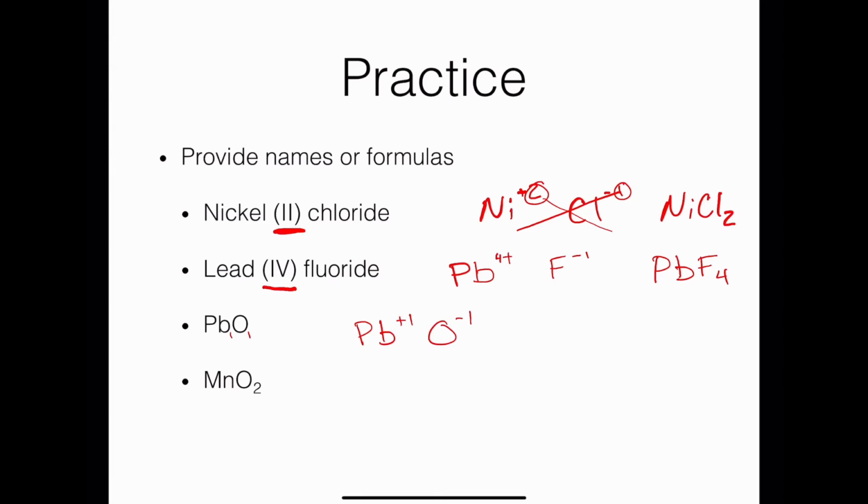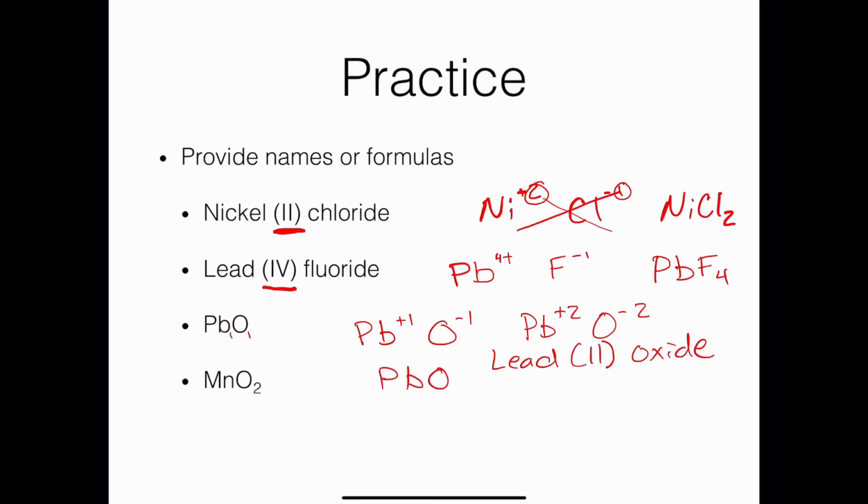But we can't just multiply oxygen by 2, we have to multiply lead by 2 as well. So what we would get is lead with a +2 charge and oxygen with a -2 charge. And we can see that this would then be lead with a 2 in Roman numerals in parentheses, and then oxide at the end.